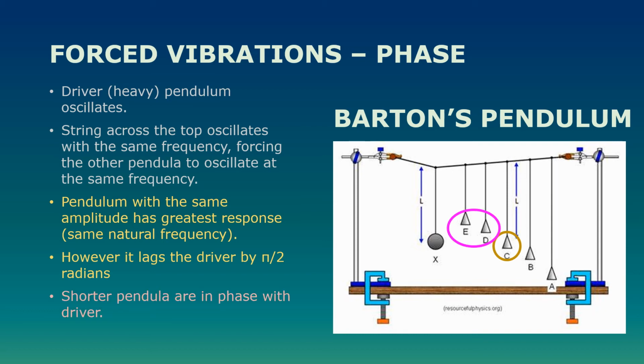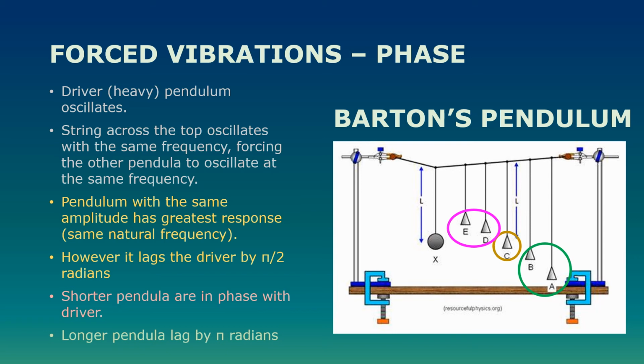The shorter pendulums, D and E, have reduced amplitude oscillations. E will have the smallest, being most different from the driver, but shorter pendulums actually oscillate in phase with the driver. The longer pendulums, A and B, will again have reduced response, so smaller amplitude, but they now have a lag of a whole half a cycle, so they are pi radians out of phase.